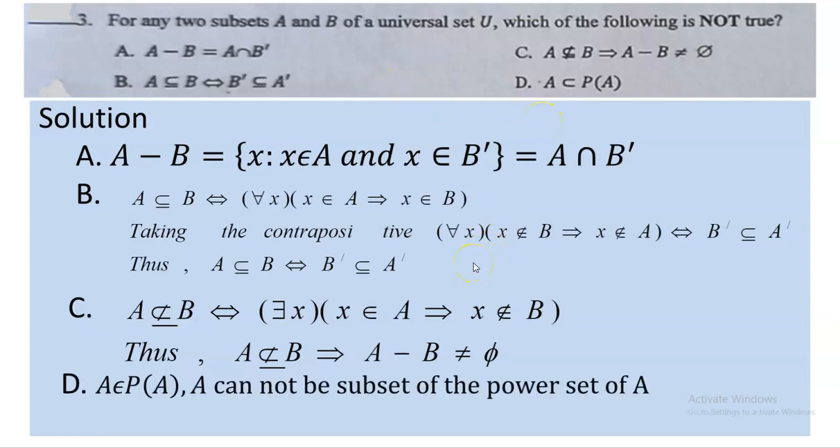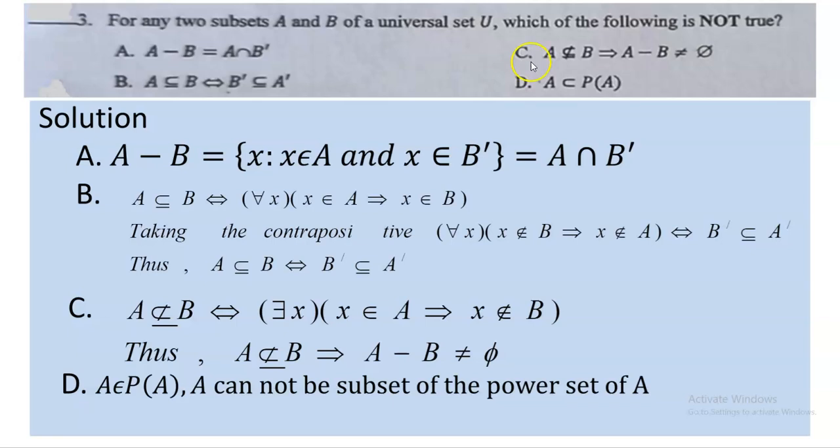But when we come to D, students, here A is an element of the power set of A. This is true. Whatever set you might have, the power set of a set is a set containing all possible subsets of the set. So all these possible subsets are considered as elements of the power set. But what has been written here in D is a proper subset.